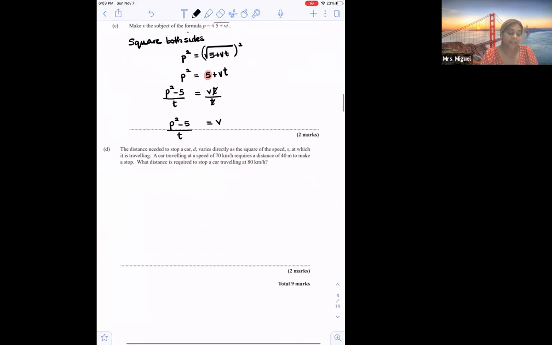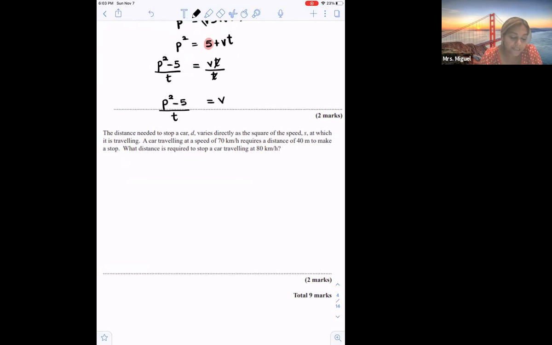Part D, the distance needed to stop a car varies directly as the square of the speed. So here's what we have. d varies directly as the square of speed.